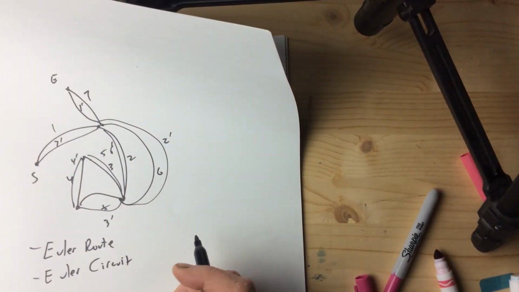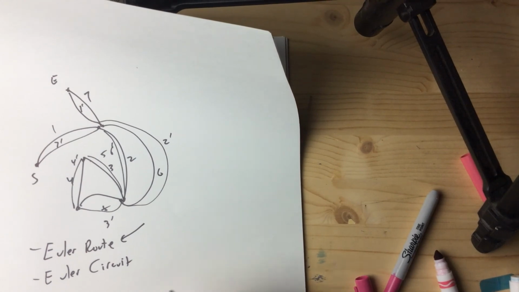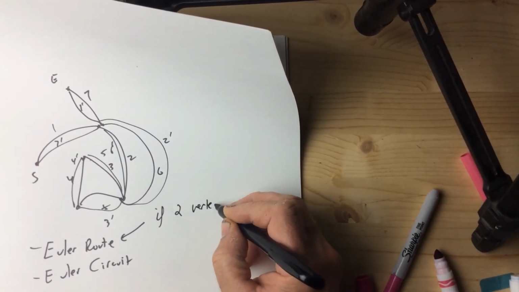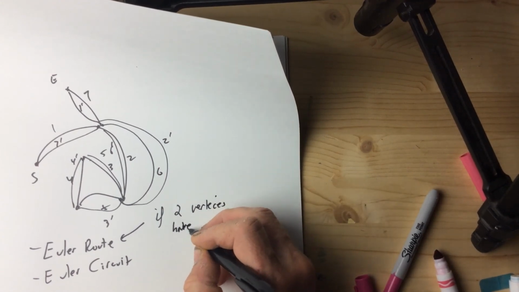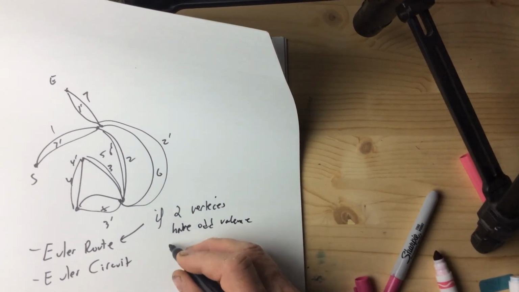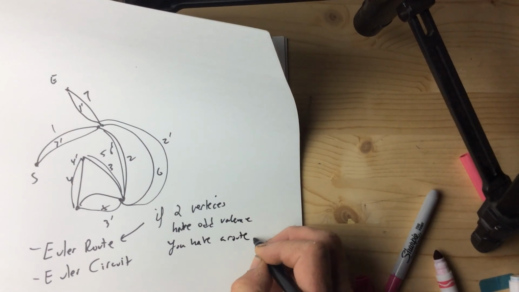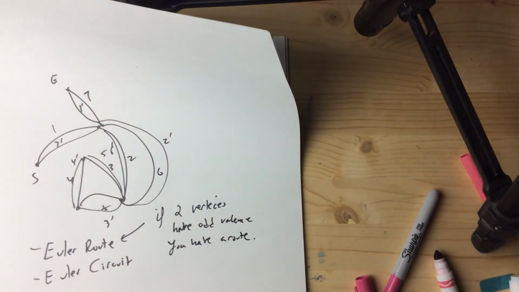Well, Euler said, I know even when routes exist. If two vertices have odd valence, you have a route. And that route starts at one of the odds and ends at the other odd.